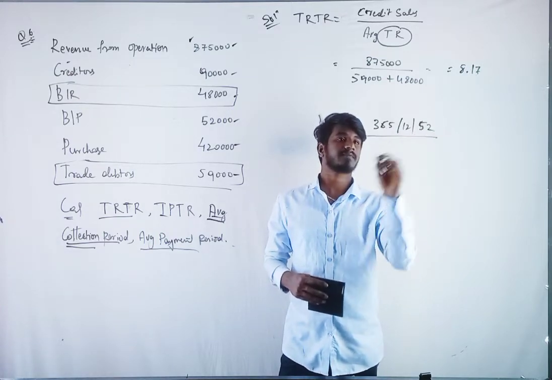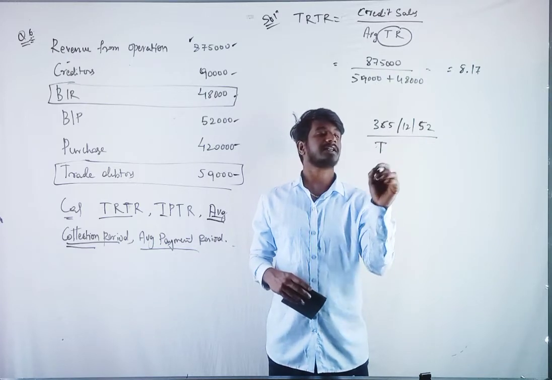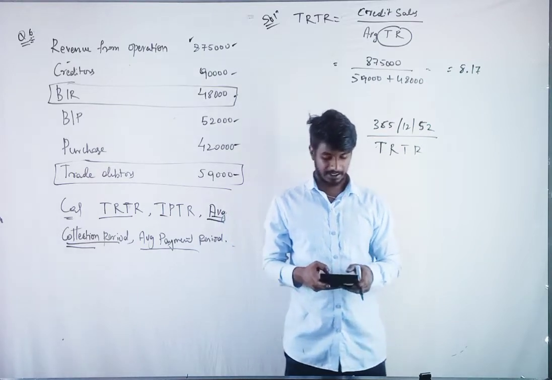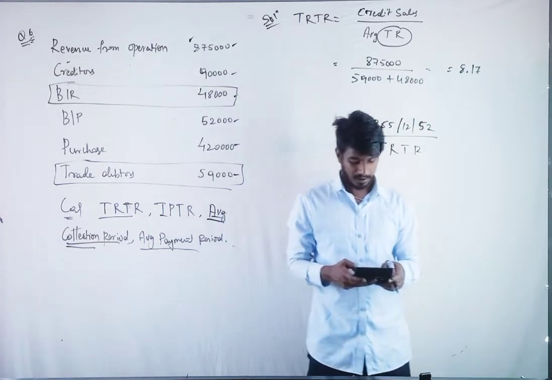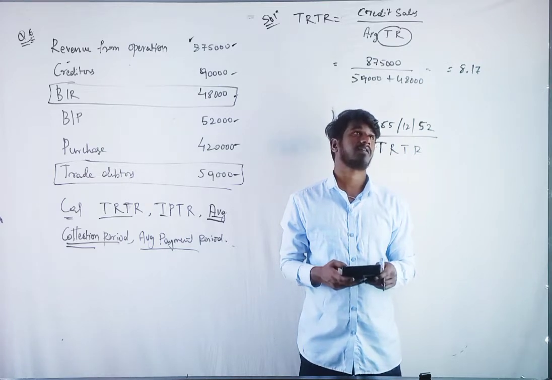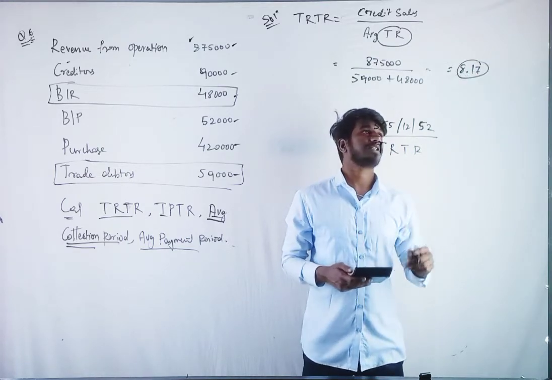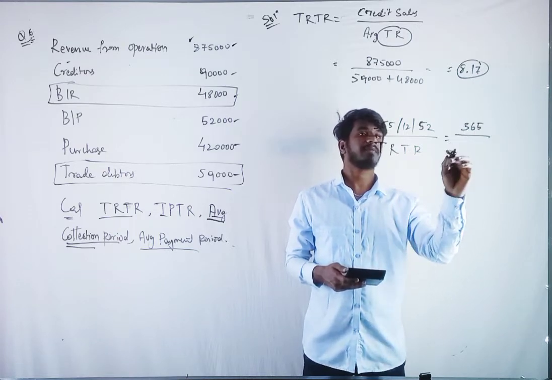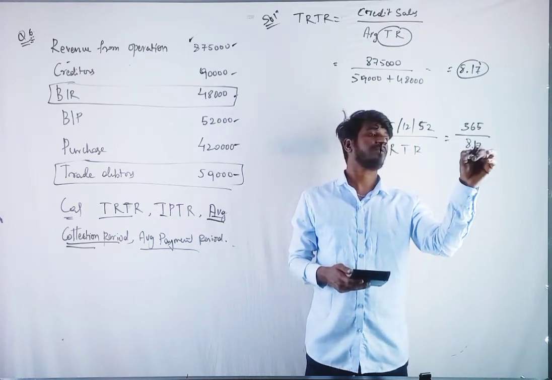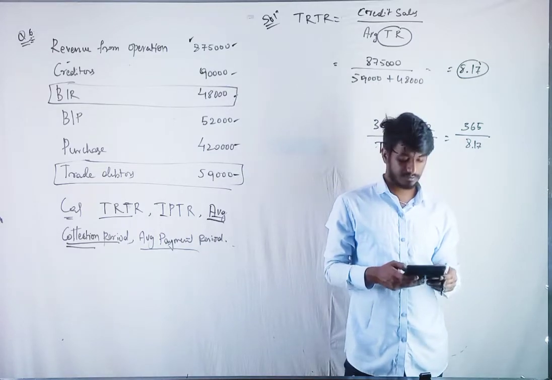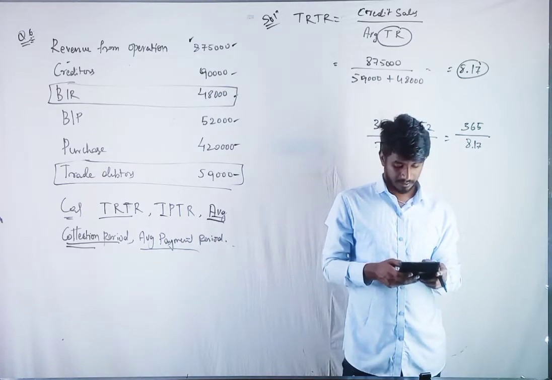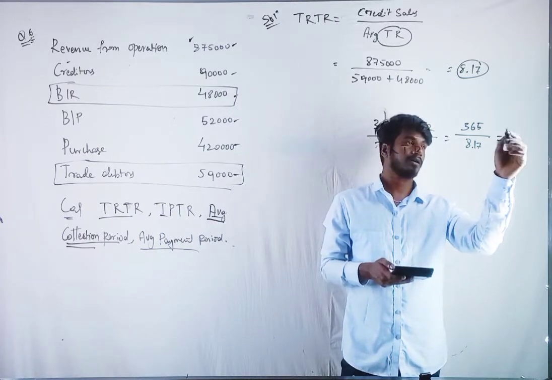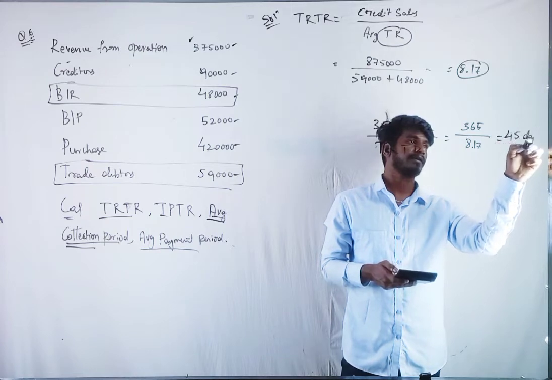Let us take days: 365 divided by trade receivable turnover ratio, 365 divided by 8.17 is equal to 44, or we can round up to 45 days.